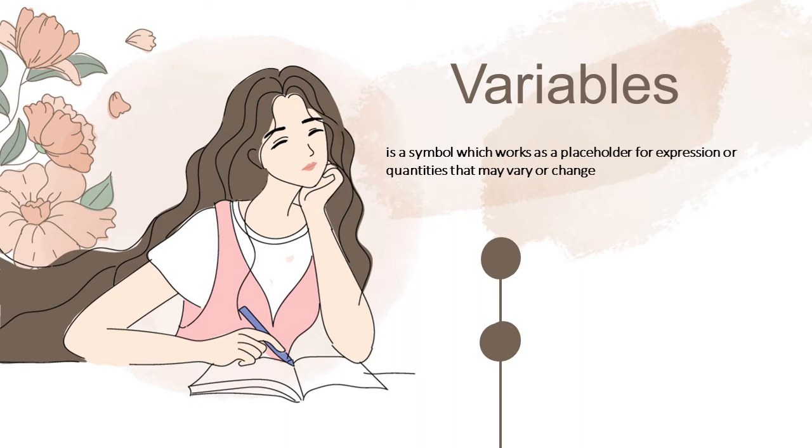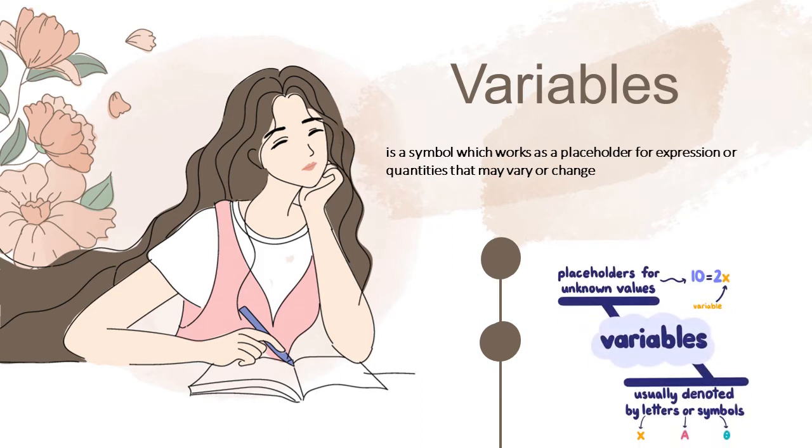In addition to numbers, variables are commonly used to represent vectors, matrices, and functions. So a variable is a placeholder for unknown values, and it is usually denoted by letters or symbols. So from the equation 10 equals 2x, the variable is x.